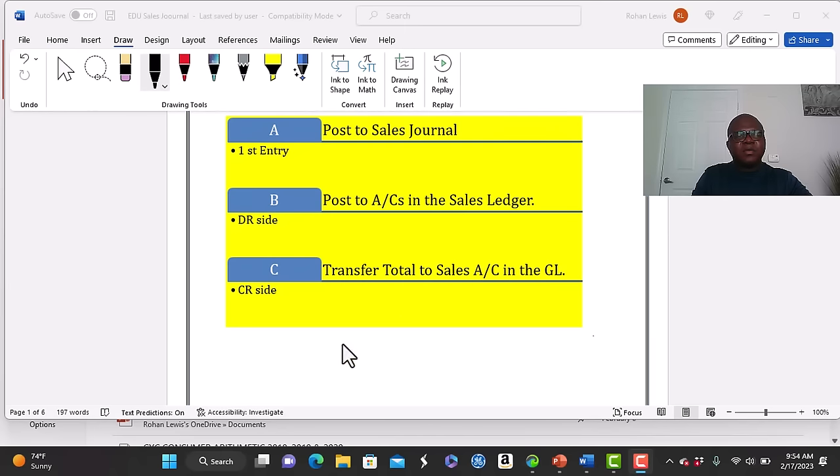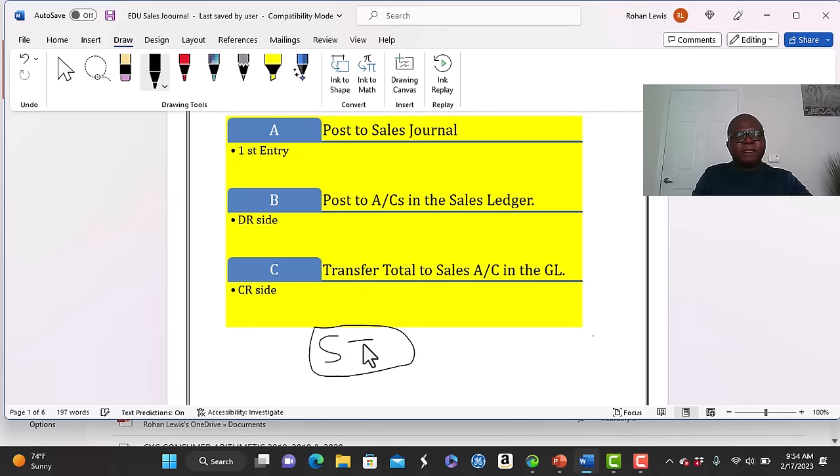So that we will post to the sales journal first of all, and then we will transfer this to the sales ledger. Afterwards, the final transfer would be done to the general ledger.